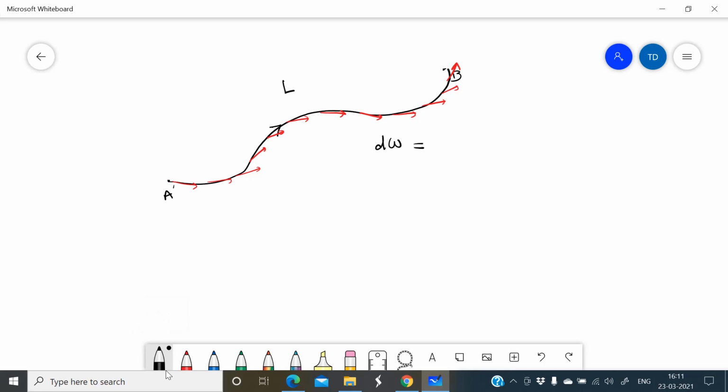Suppose I divide the path into smaller paths, delta L; with n small paths, L equals n into delta L. So dW is equal to F vector dot dl vector, where delta L is the dl vector.